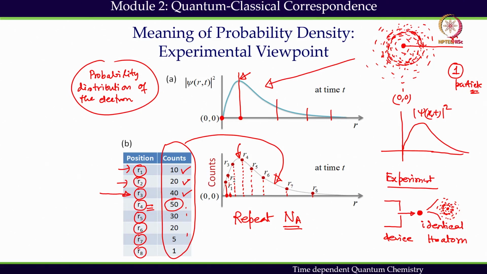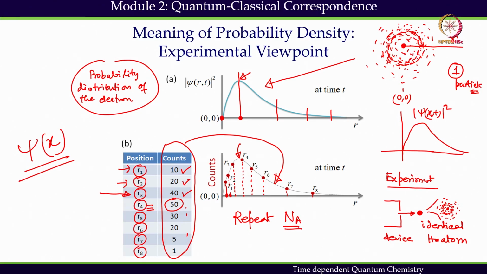It is sometimes very puzzling to accept that fact. I am representing one particle, this psi x is a wave function of a single particle, but its meaning is related to an ensemble of many particles.